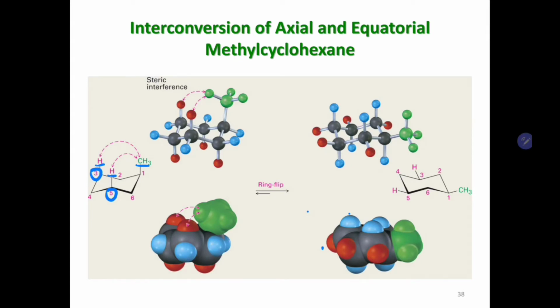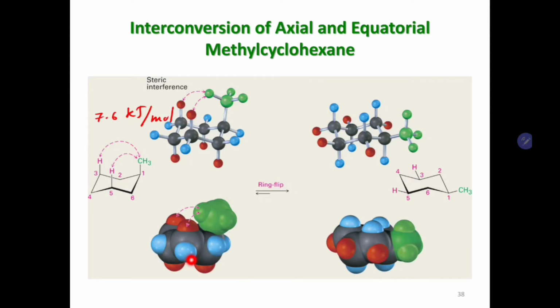So each of these steric interactions is worth 3.8 kilojoules per mole. You have two of them, and therefore the overall instability for this conformation will be 7.6 kilojoules per mole.